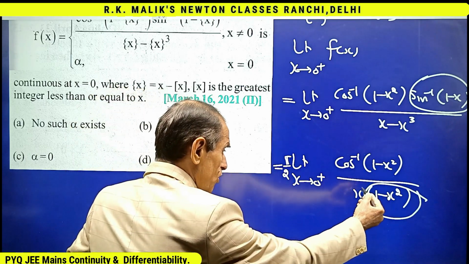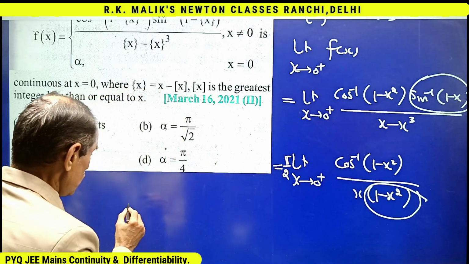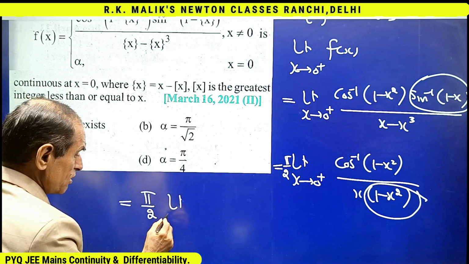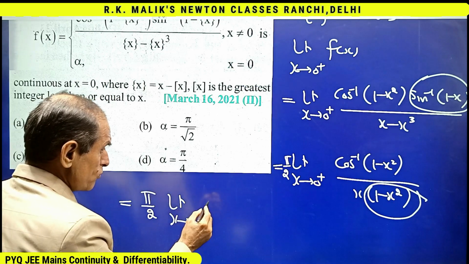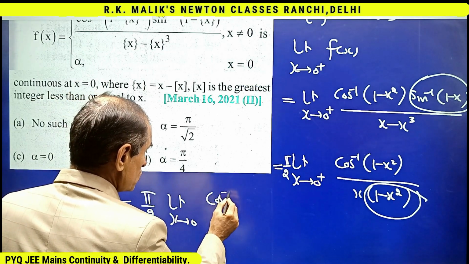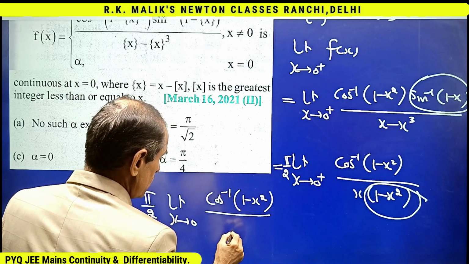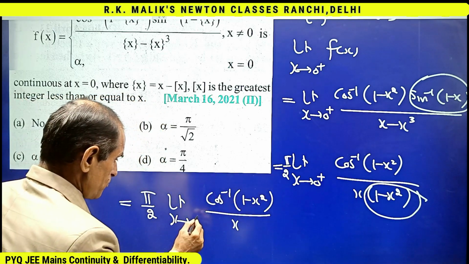Therefore we can take the limit of this part also. Only we have got now pi by 2 limit x tends 0 plus cos inverse of 1 minus x square upon x.